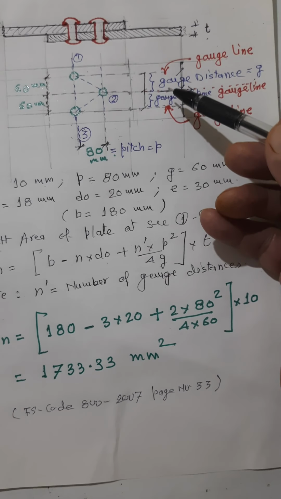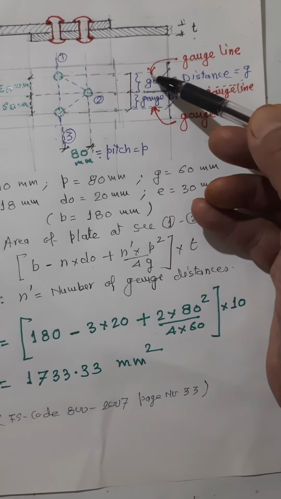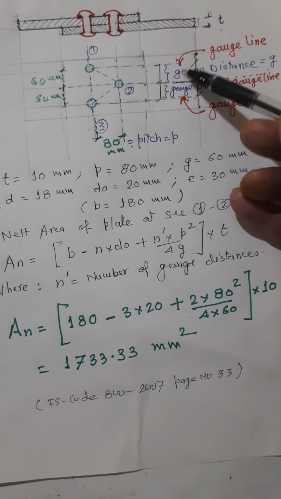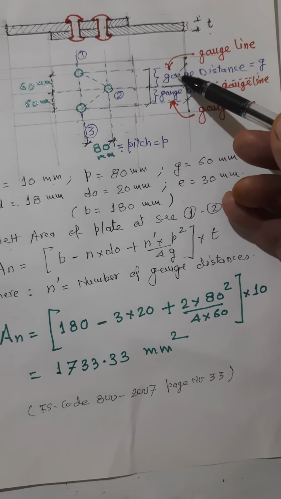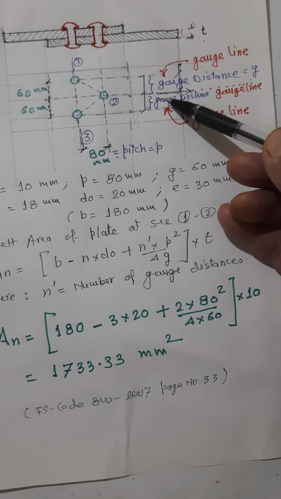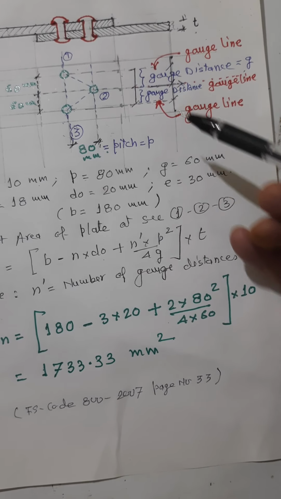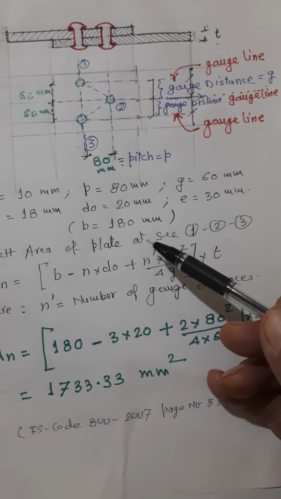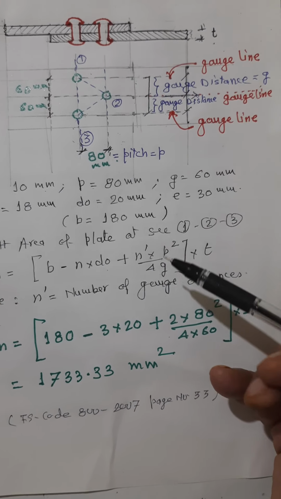How many gauge distances are there? This is one gauge line, this is another gauge line, this is the third gauge line. Between these two gauge lines, one gauge distance. Between these two gauge lines, one gauge distance. So how many gauge distances are there? Two.